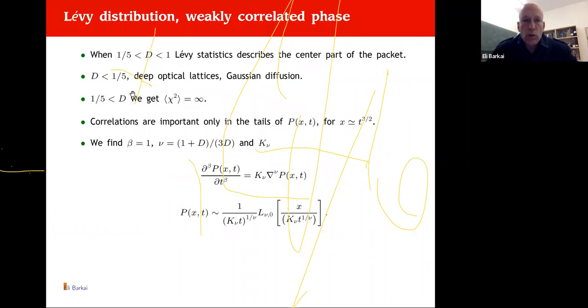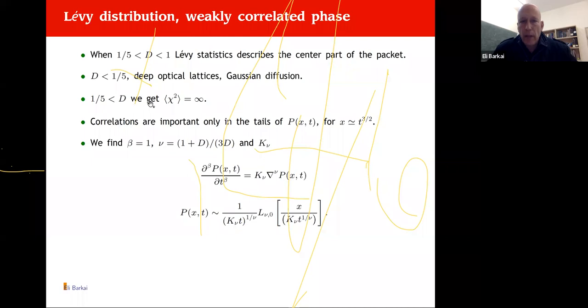What we could show is the following: if D is between 1/5 and 1, then the Levy statistics and the fractional equation describe the center part of the packet. If D is less than 1/5, you get the usual diffusion equation and then Gaussian statistics.